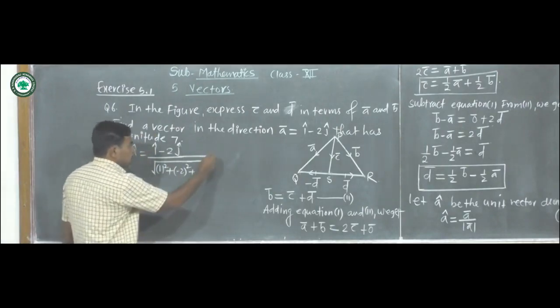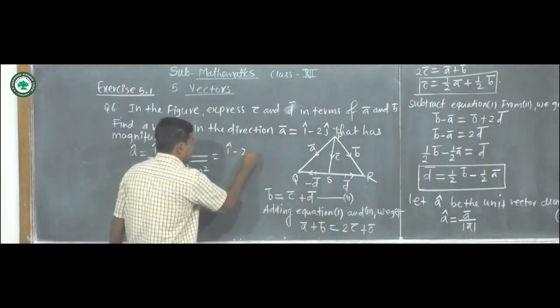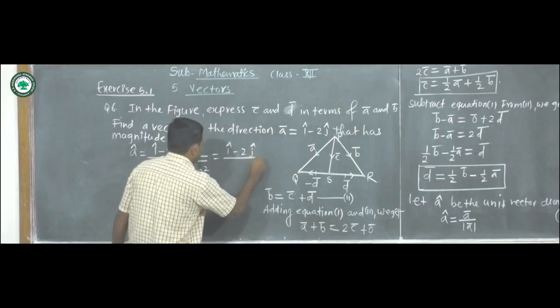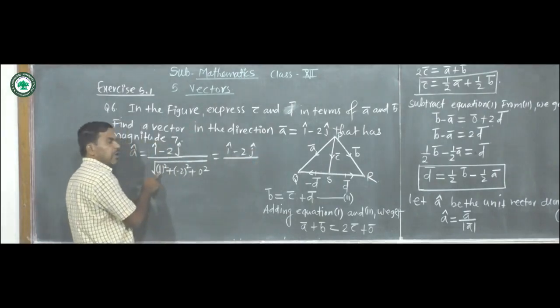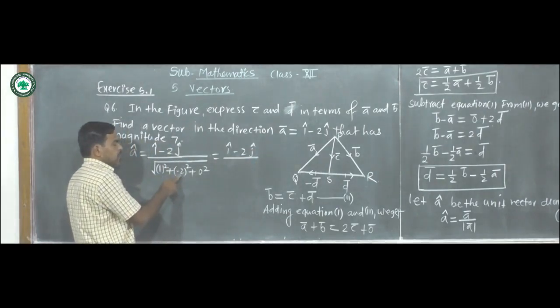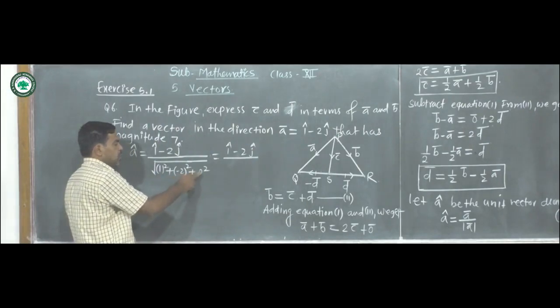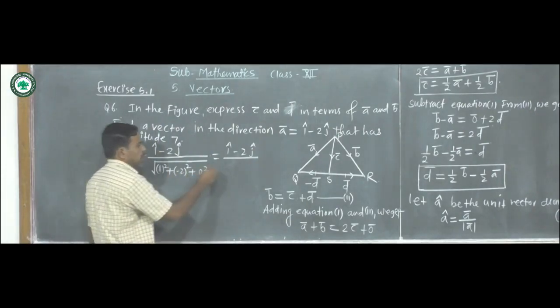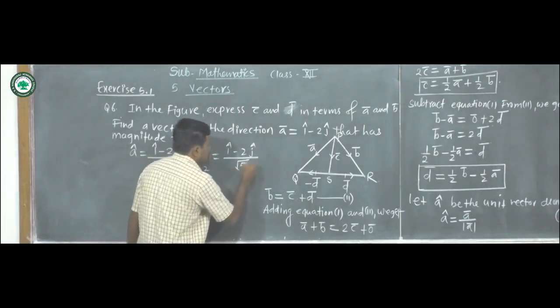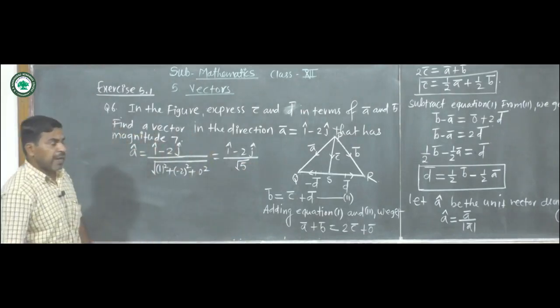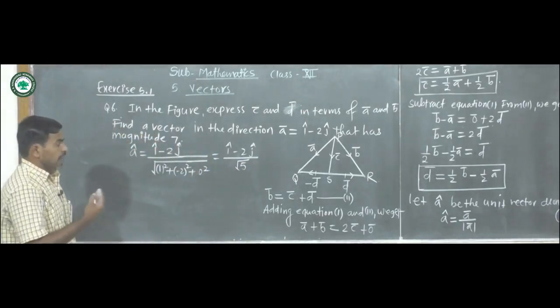So it is equal to I cap minus 2j cap divided by square root of 1 square becomes 1, minus 2 square is 4, 0 square is 0, so 0 plus 4 plus 1 becomes square root 5. So now this is the unit vector along the vector A.